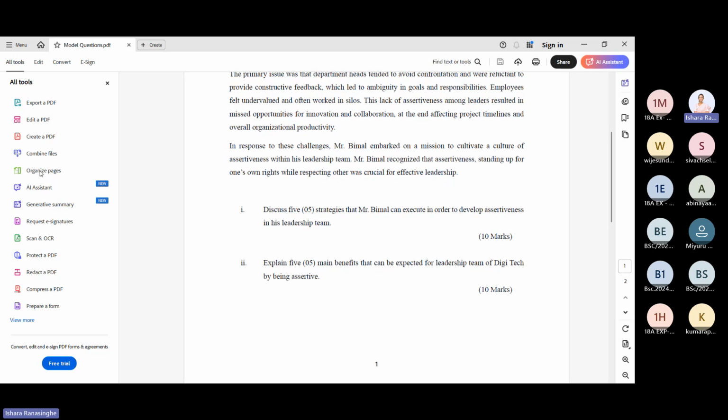So this question is from the very first chapter, right? Chapter number 1, becoming assertive or forceful. From this chapter, chapter number 1.